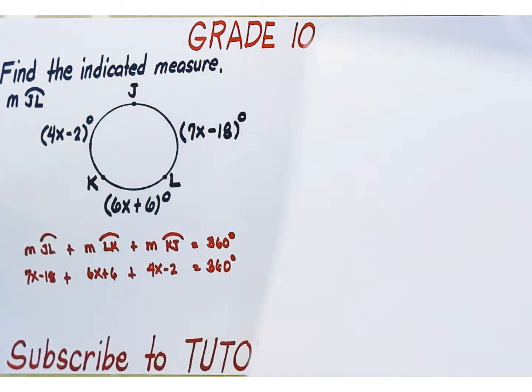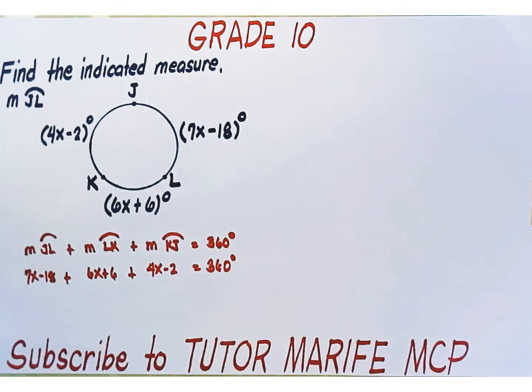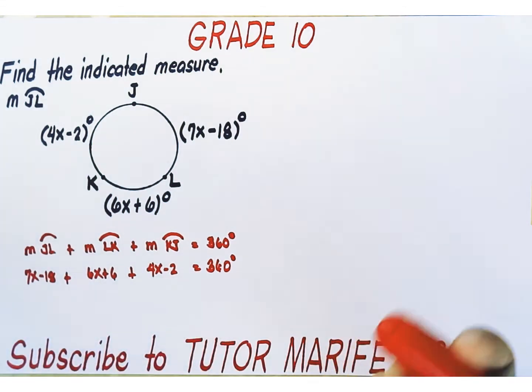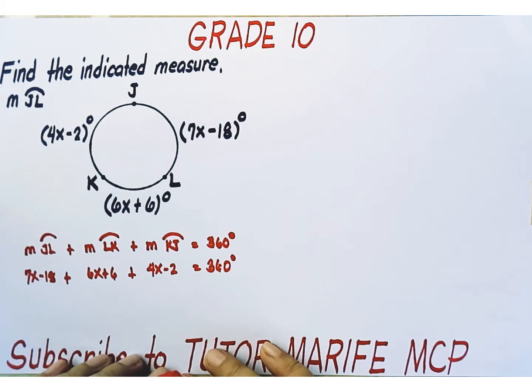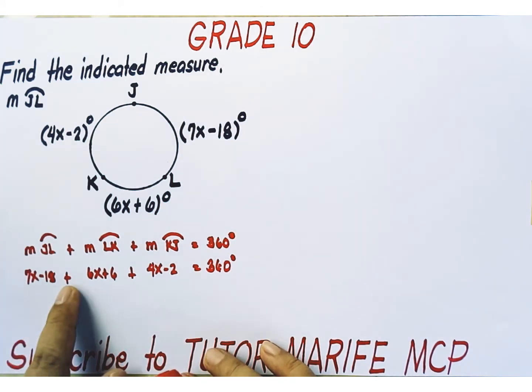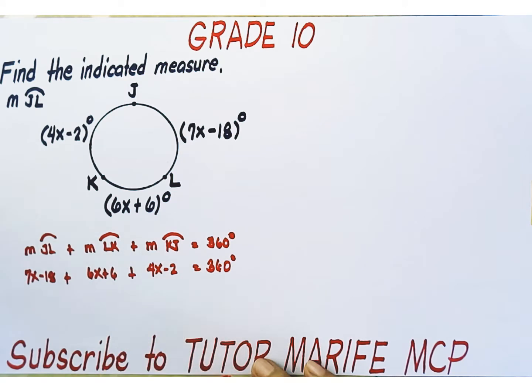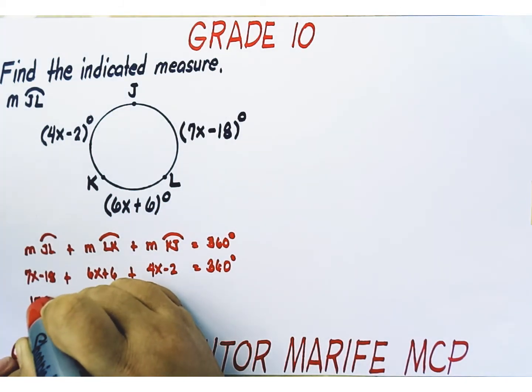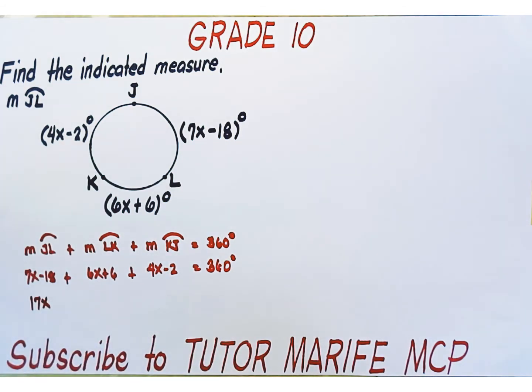Then we're going to isolate x on the left side of the equation. But before we isolate x, let's simplify the left side of the equation by combining like terms. Let's combine the x terms. We have 3 x terms on the left side: 7x plus 6x plus 4x equals 17x. Let's also combine the 3 constant terms.